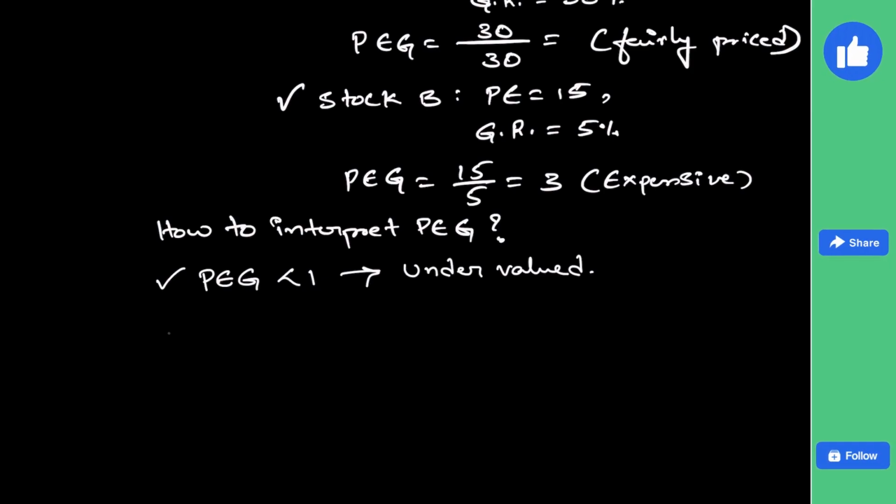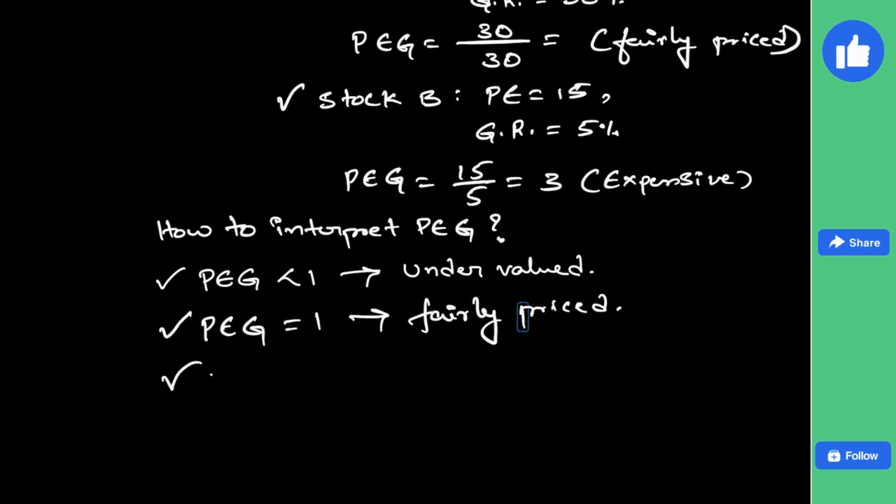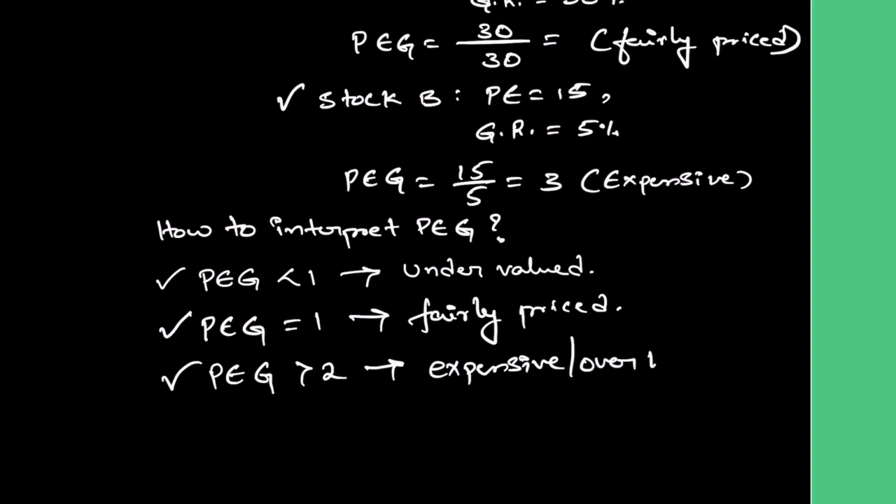That's what we have to understand. Second, PEG equal to 1: fairly priced. Next, PEG greater than 2: we consider it expensive. An investor considers it expensive, overheated or overbought.